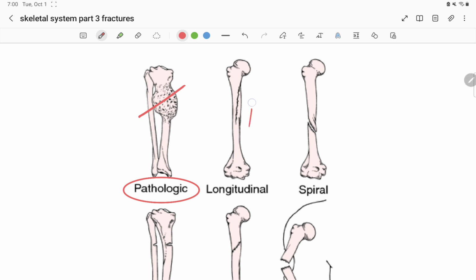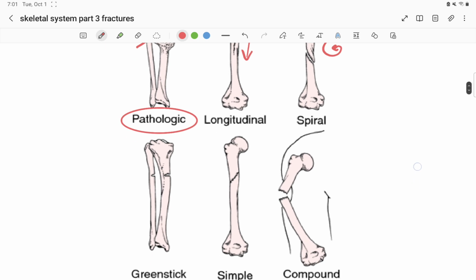Okay, a longitudinal fracture is where the bone breaks with the long axis. A spiral fracture means the bone twisted and caused the bone to break, so that's your spiral fracture.